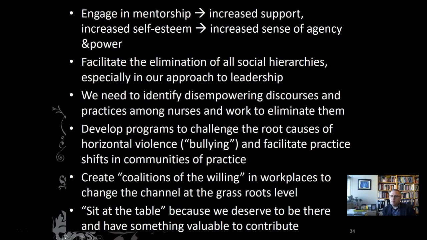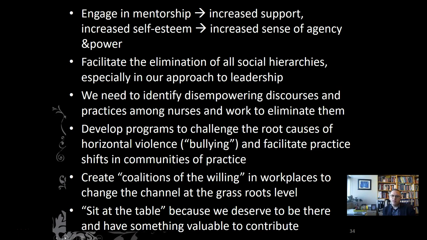So maybe not everybody's going to buy in right away, but those people who are positive are going to attract other people who are positive. And gradually, more and more people will join that movement. And so we can change the pattern of things, and eventually those people who are negative and destructive, they'll either retire or go away, because it won't be popular to be in the space that they're in.